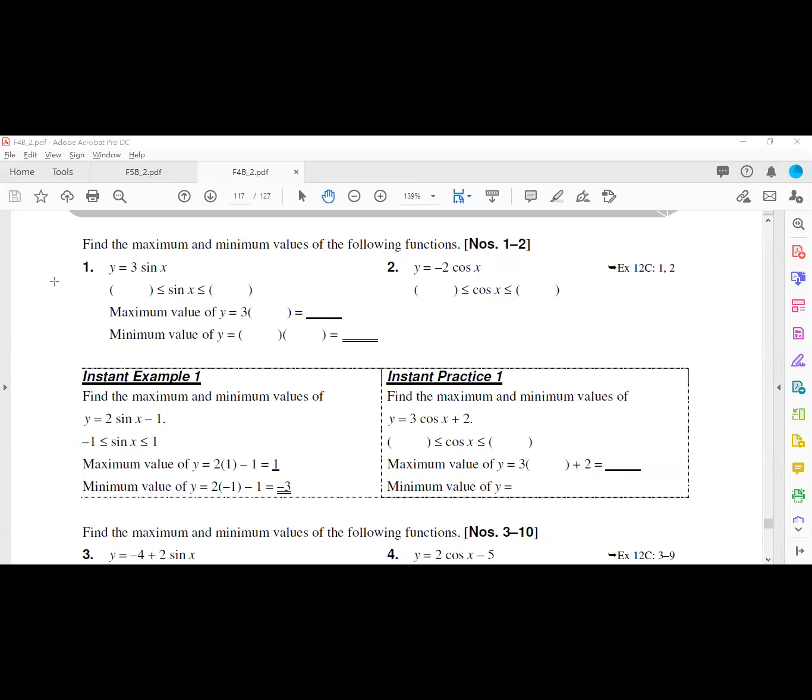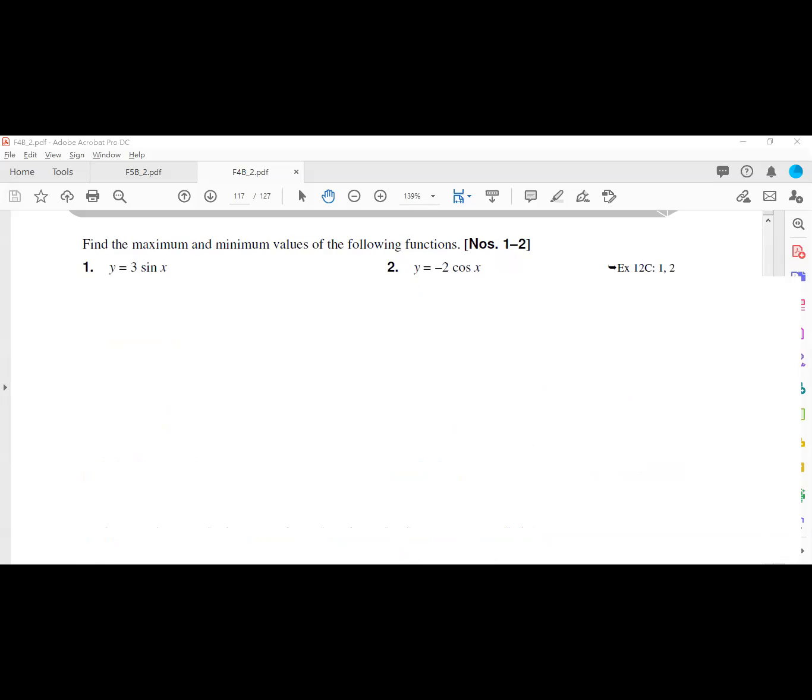It is more formal. The question will ask us to find the maximum and the minimum value of the following functions, and the functions will involve either sine x or cosine x. There will be only one term with sine x or only one term with cosine x.